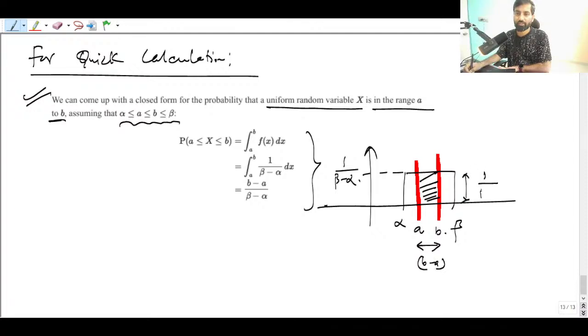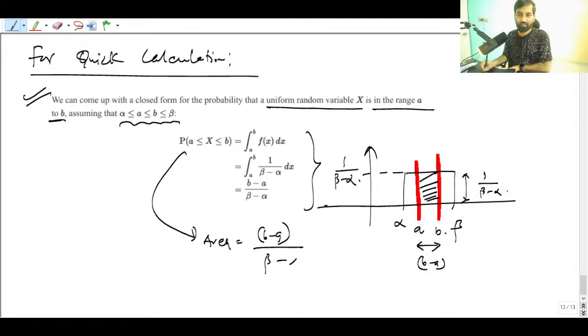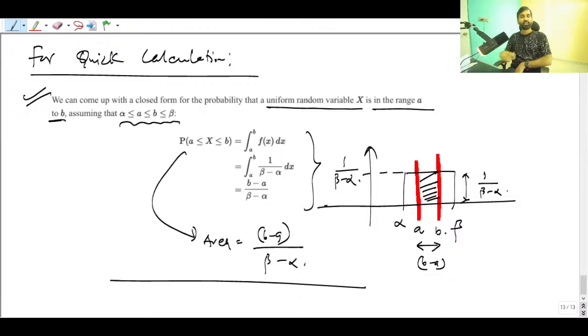Height is 1 by beta minus alpha. So you know that the probability is nothing but the area. Area कितना हो जाएगा? B minus A upon beta minus alpha. Probability is nothing but the area. So please remember this for quick calculation. आपको फिर time waste नहीं होगा. जैसे मैंने आपको quick calculation करके दिखाया, right? I did the very quick calculation.